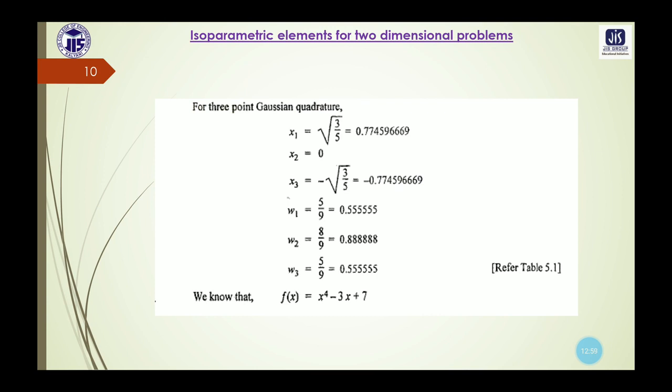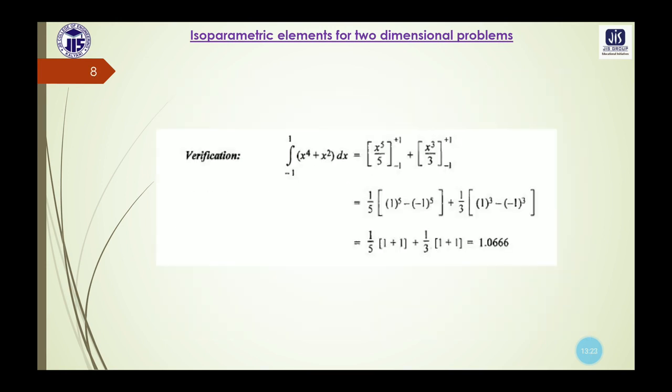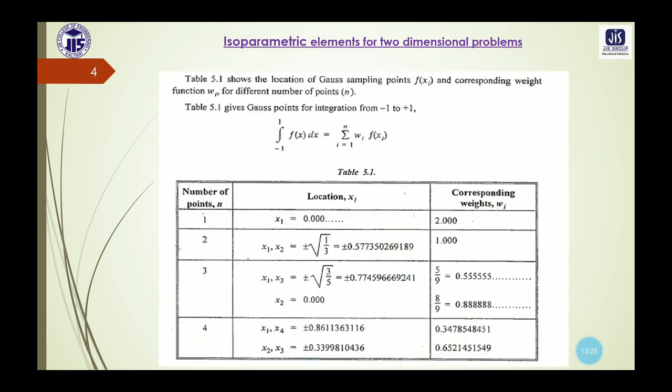Now for the 3-point Gaussian quadrature, the values of x1, x2, x3 and w1, w2 and w3 we need to select from the table for the Gaussian quadrature. If we go back to the table in the earlier slide, for number of points 3 we can see that x1 and x3 are plus minus root under 3 by 5.